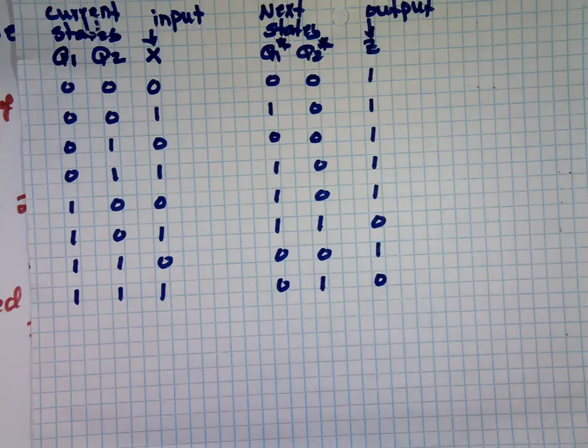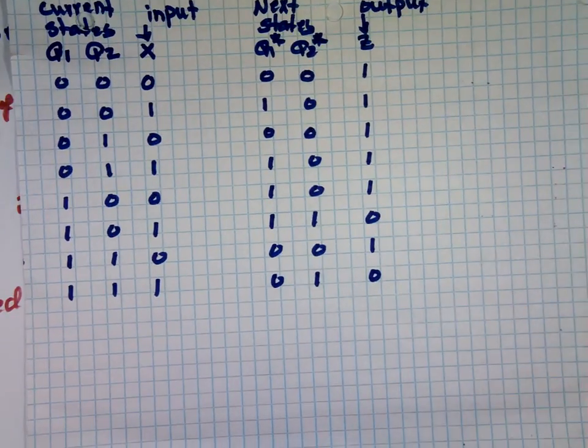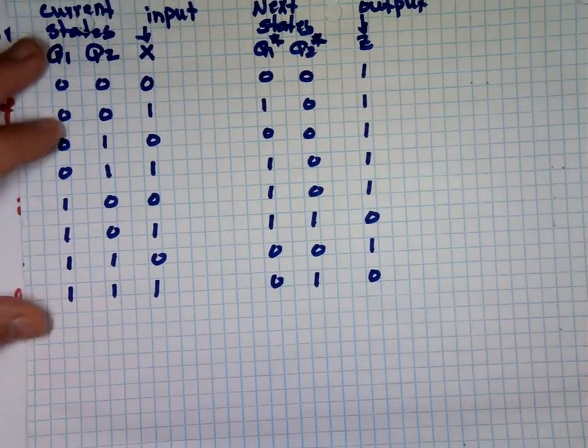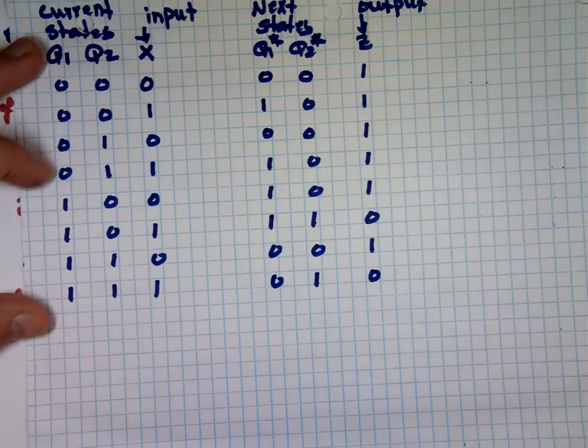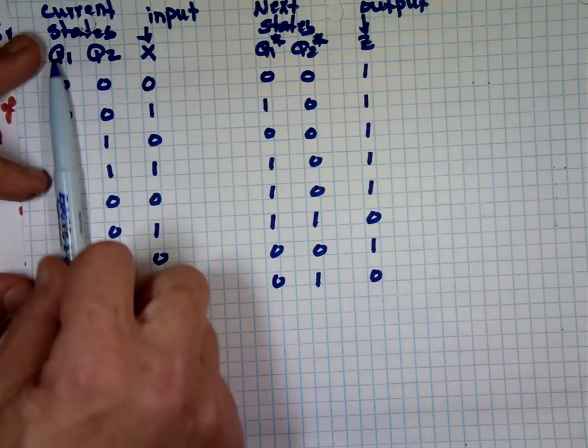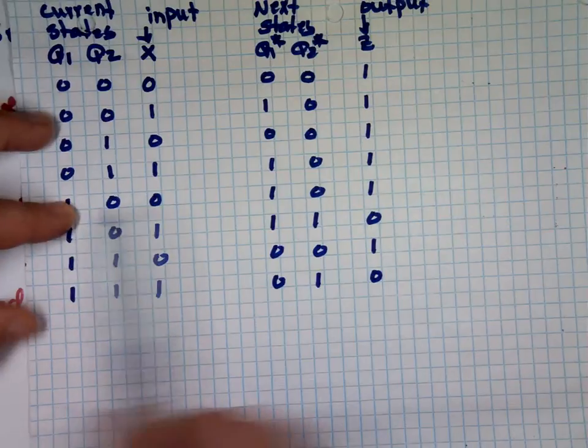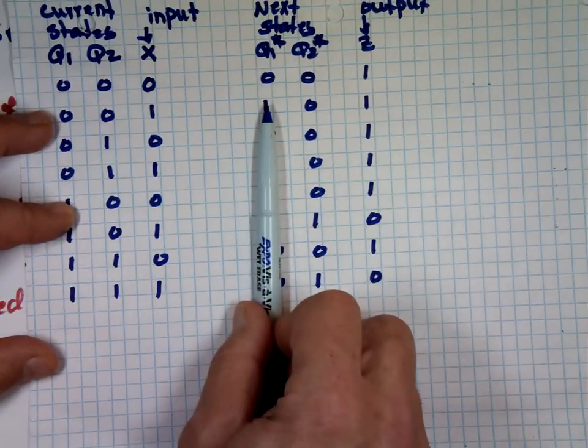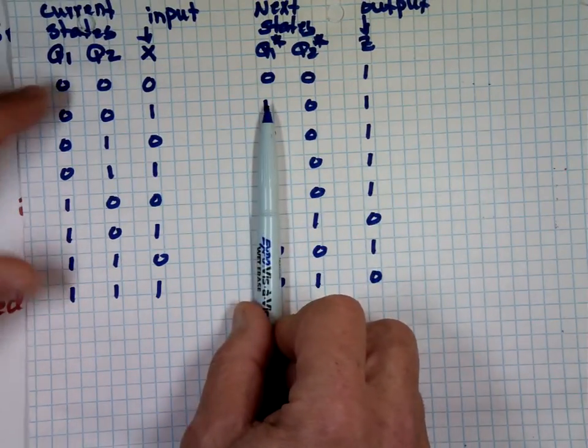Well, I'm going to use JK flip-flops. I need to take another look at the JK flip-flop. Because what I need to do now is figure out what I need to connect to the J and K. Because this is my current state, this is my next state. What J and K should be to go from here to there.